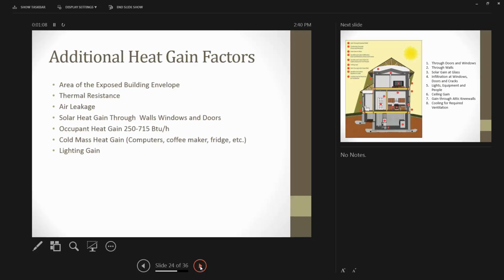But there are some other factors that contribute to heat gain, including solar heat gain through the windows and doors. When you're performing a heat loss calculation, in most all the programs, at least the simpler ones, the Manual J and the ones that we're talking about, the heat loss calculations do not take into consideration any type of solar effect at all.